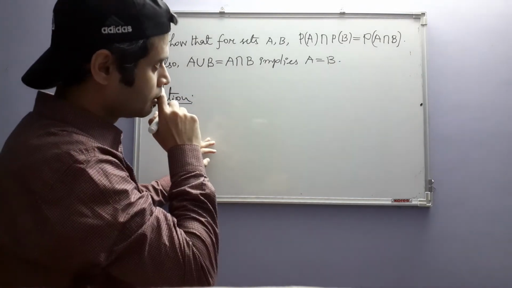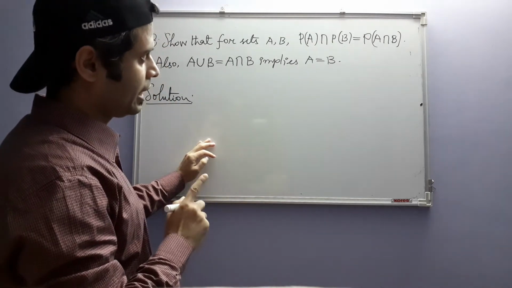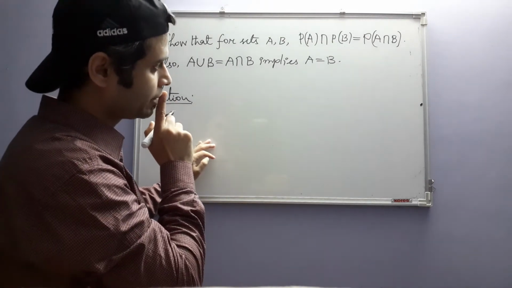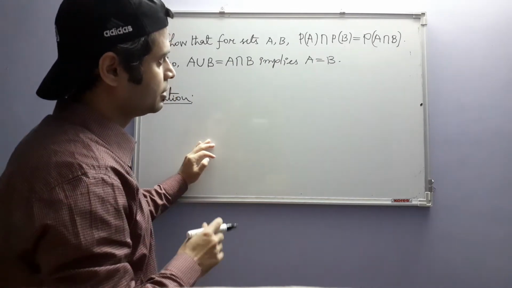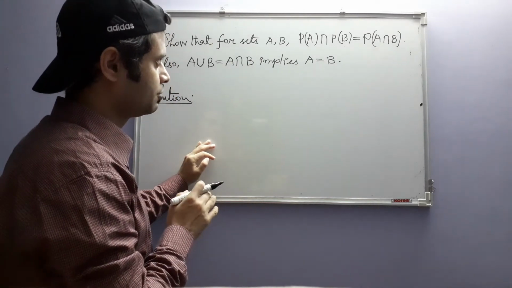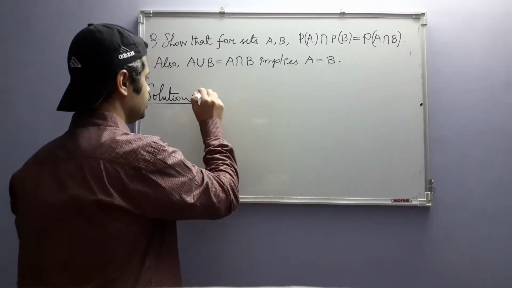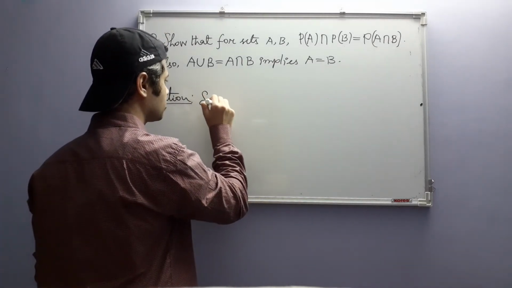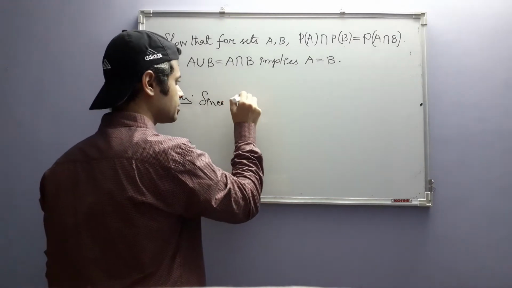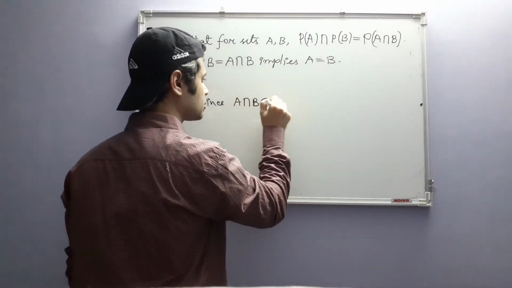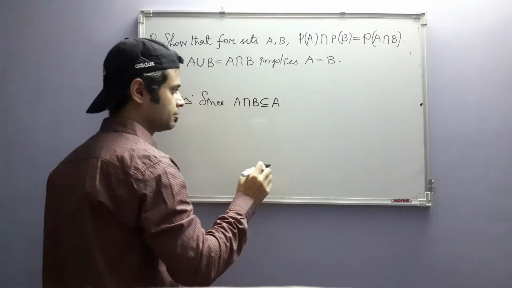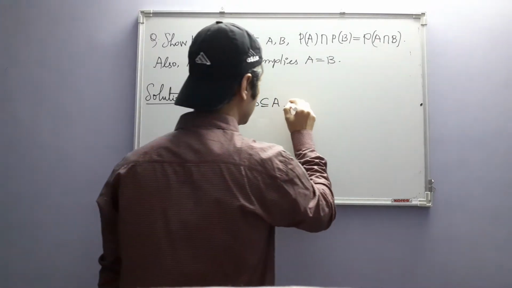First of all, A intersection B is a subset of A. Look at this carefully.